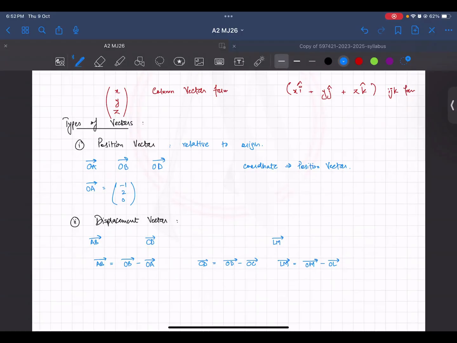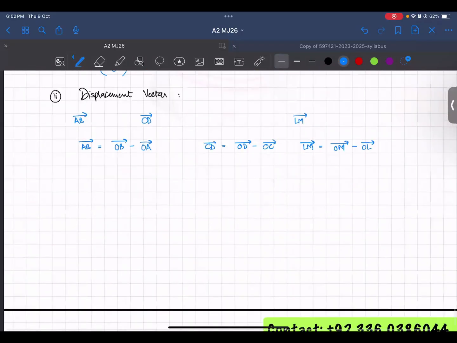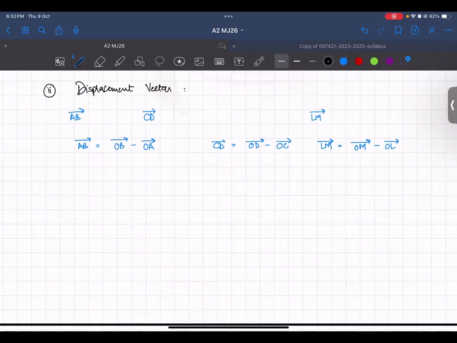Then you have unit vector. The main purpose of a unit vector is direction, for direction only, because the magnitude of a unit vector will always be 1. So how do you find a unit vector?